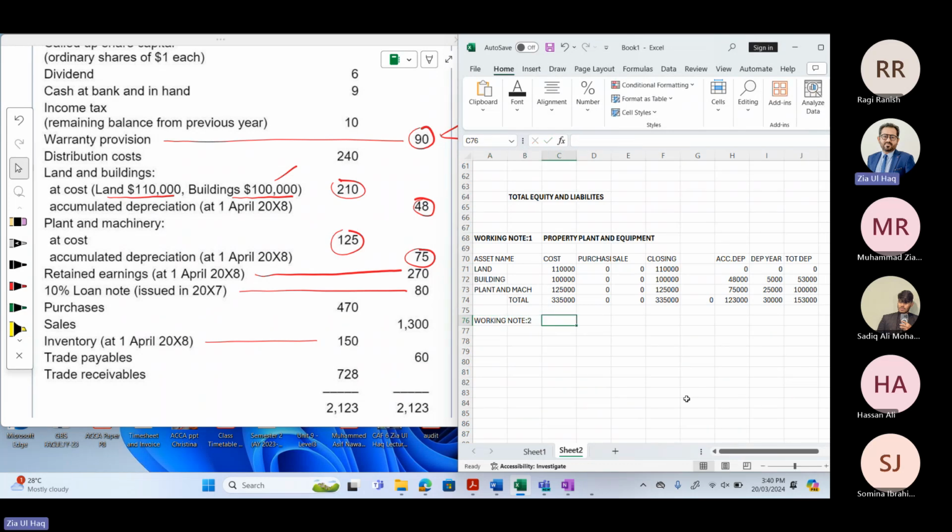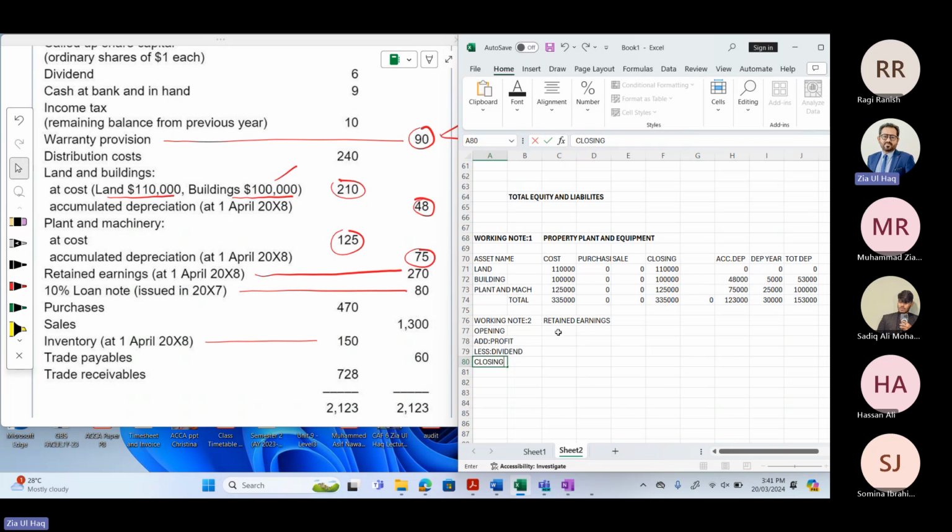And we are going to prepare retained earnings. So opening, add profit, less dividend, and we can calculate closing.